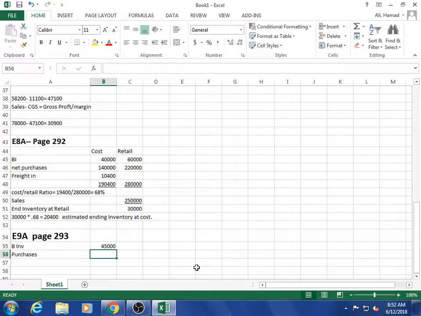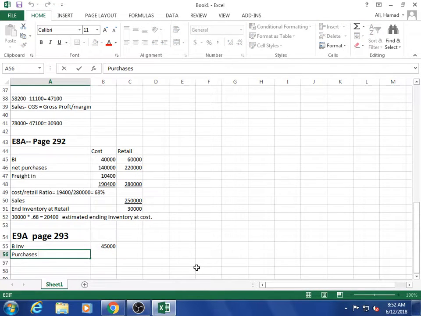But do we have freight? Yes, sir. That means you have to add the freight to it. I thought it was going to be on another line. No, purchases, including freight in.